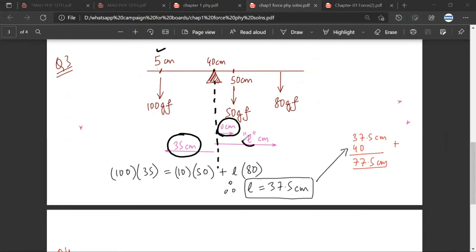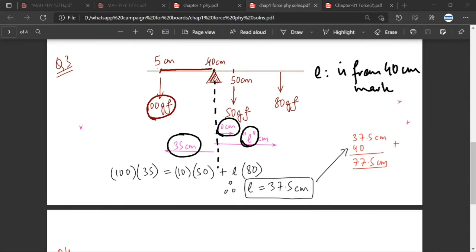This is the assumed distance from the 40 centimeter mark. Please remember that L is from 40 centimeter mark. Please remember this. Now, 100 gf into this distance 35.